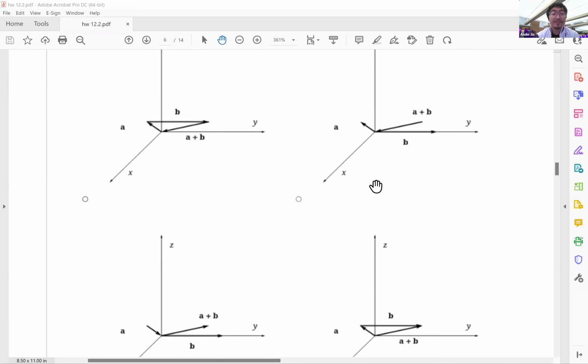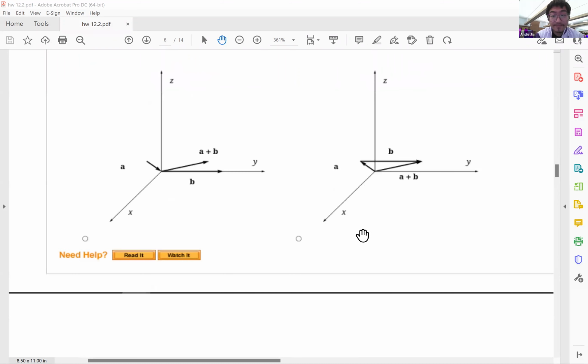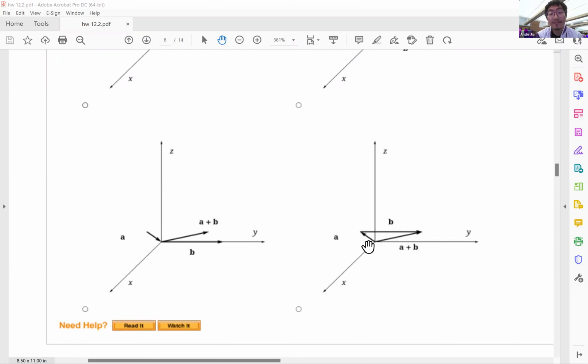Because A plus B has a height of 1, because Z is 1. And then A is 2 and Y is 0, so it's on the XZ plane and does not intersect Y. A starts at the origin pointing in the XZ direction, and then A plus B is 2, 6, 1, pointing in the same way toward the ZY direction.